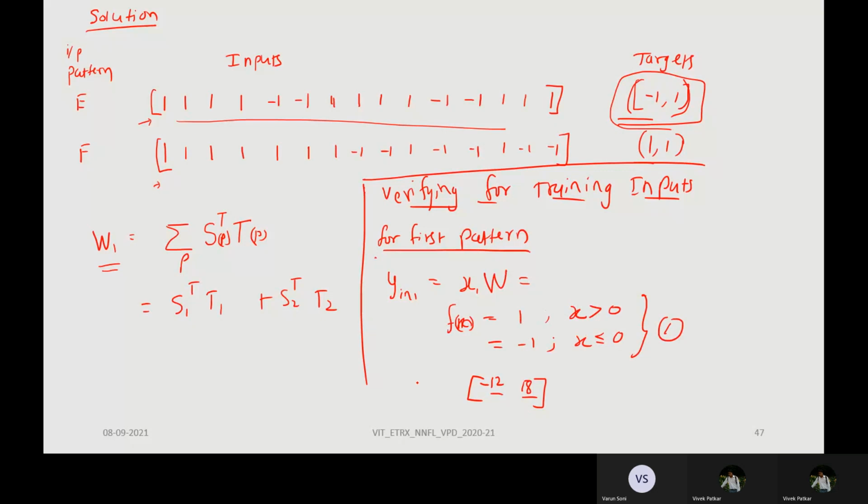And now after this you write, applying activation function 1, what we get? Y1 is equal to minus 1, 1, correct? Means the first pattern it was able to reconstruct.